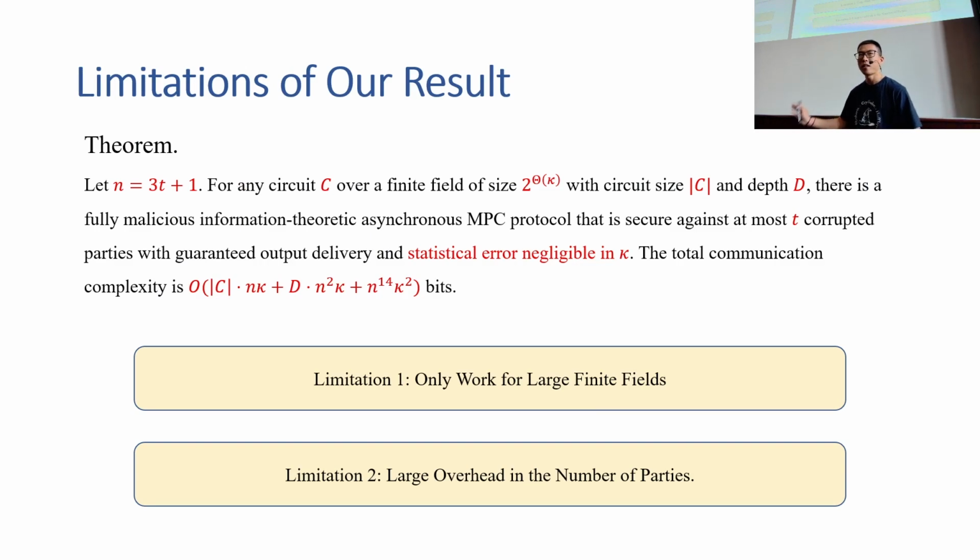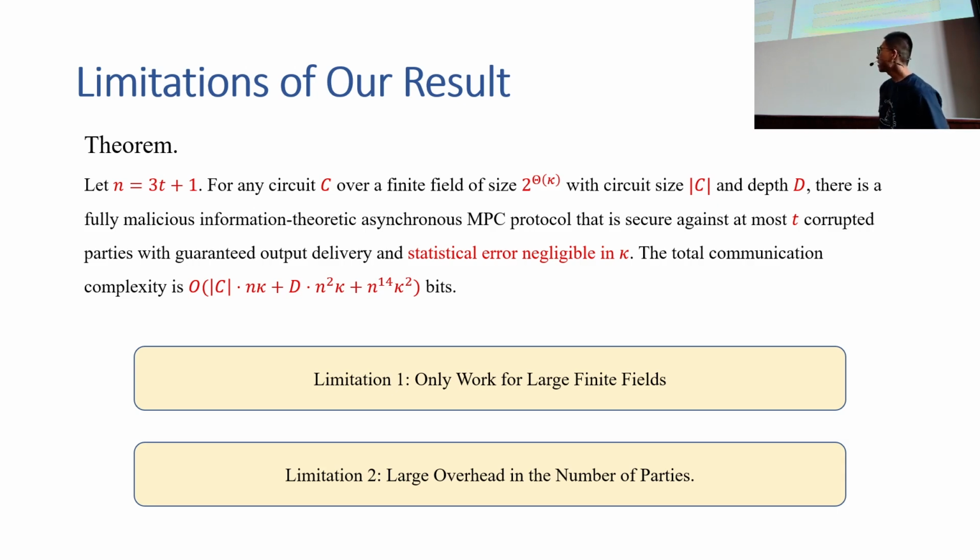This is because we have a statistical error, and this error is proportional to the inverse of the field size. So it will be interesting to see whether we can mitigate this limitation, because for the synchronous setting, there are several different techniques that allow you to construct MPC over small fields or even over the binary field.